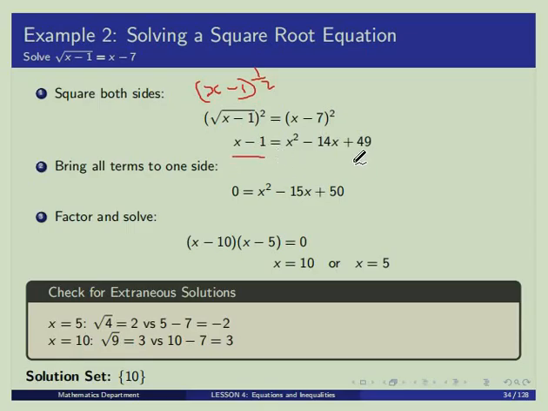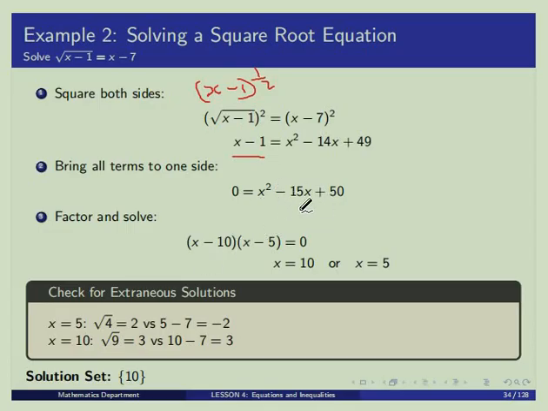Here you remain with x minus 1. If you expand this, you get x squared minus 14x plus 49. And then if you bring all terms to one side, you get x squared minus 15x plus 50.